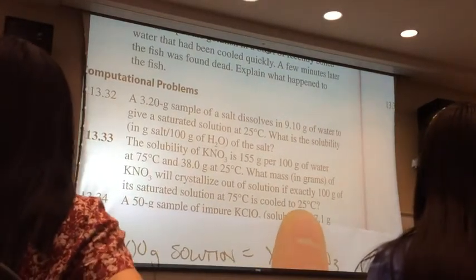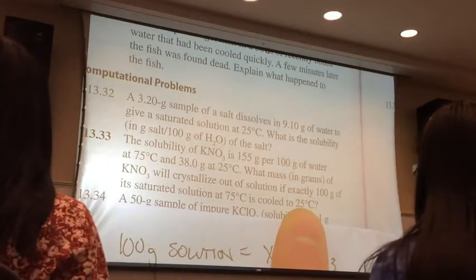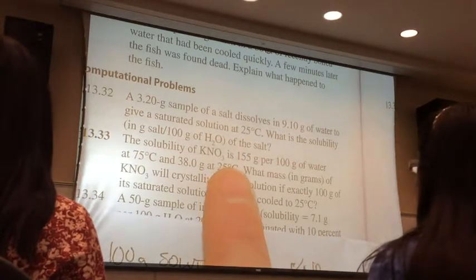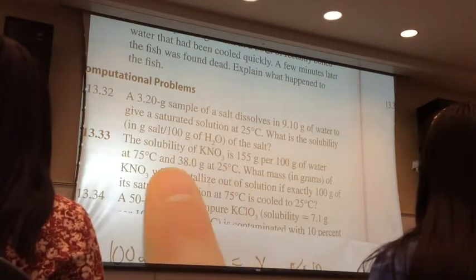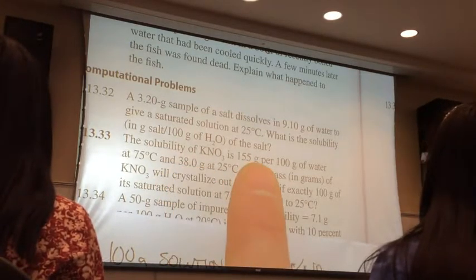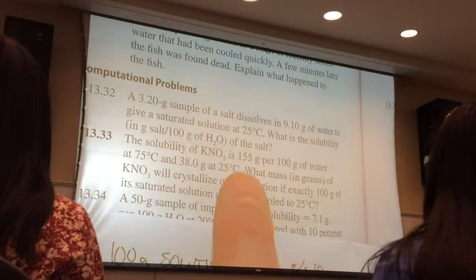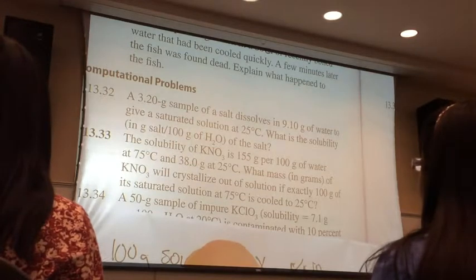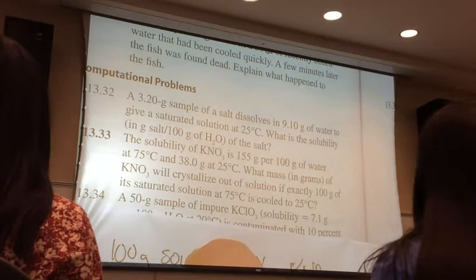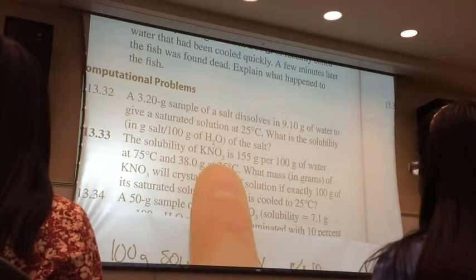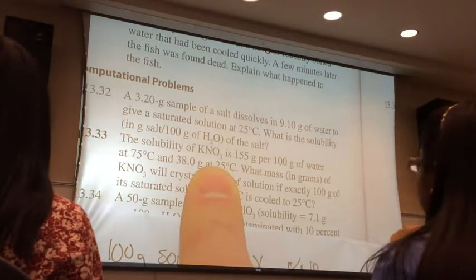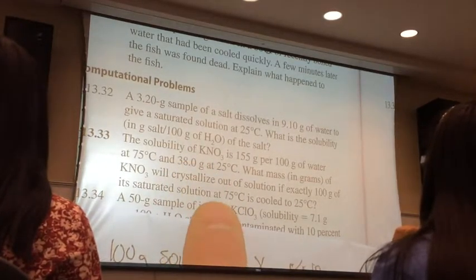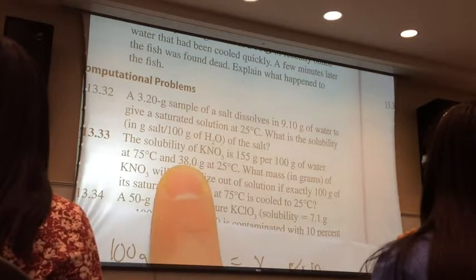Once we take it down to 25 degrees, then we know that at 25 degrees only 38, that's interesting, 75. So 155 grams go in at 75, 38. So this one becomes less soluble as you increase the temperature. That's one interesting thing about this. Anyway, once we take it down to the lower temperature, we can have a maximum of 38 grams.